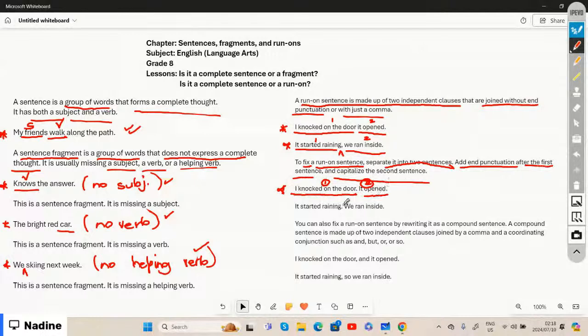The same with this one. Remember, it was joined with a comma, but now we are separating the two sentences. It says, it started raining, and there we have our period. We ran inside. There we have our second sentence.